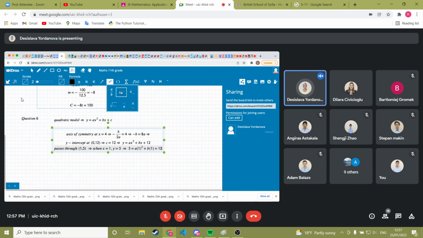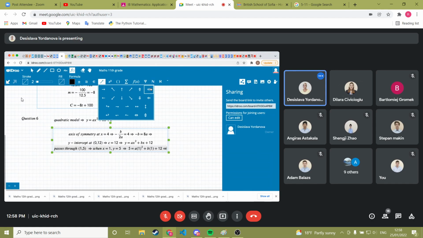This 1 and 5 are for x and y, sorry. So 5 equals a plus b plus 12.